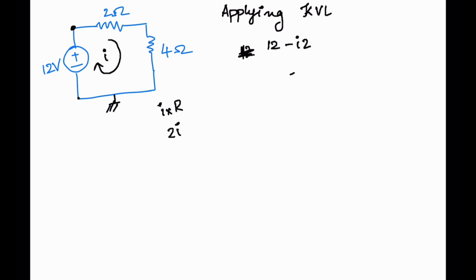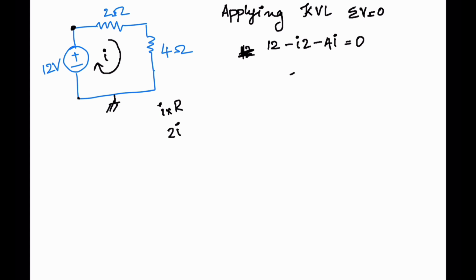Then here we have the 4 ohm resistor, again a potential drop, that is 4 into I, equal to 0. The KVL says the summation of voltages is equal to 0. Here the voltage is I into R and the voltage here is 4 into I, again I into R. These two have a potential drop, so we wrote them as minus.